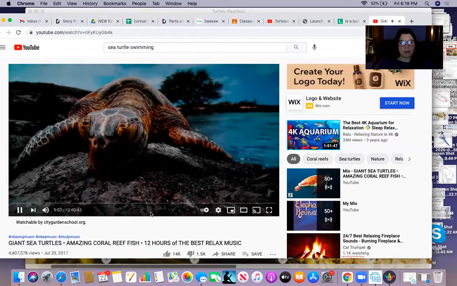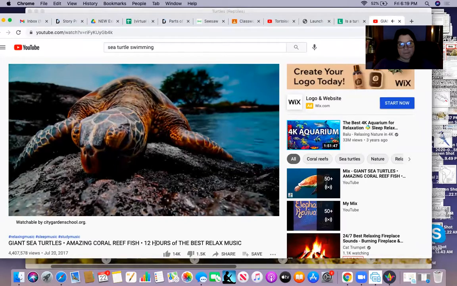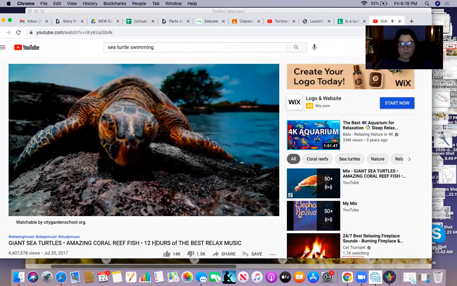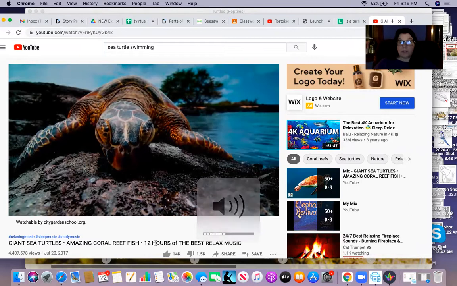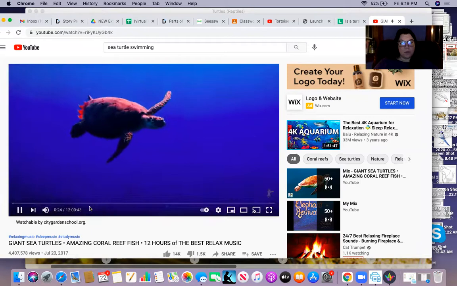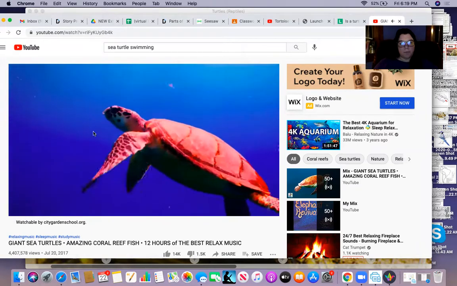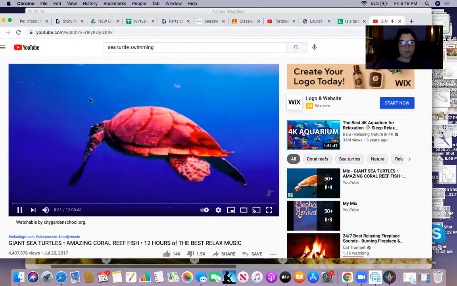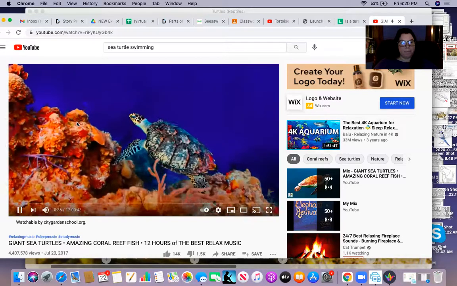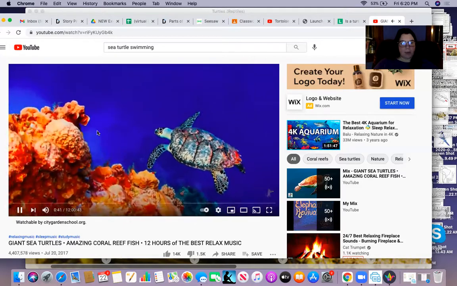So here's a sea turtle. You notice too that sea turtles are usually more colorful than land turtles a lot of times. Gracefully swimming. You notice how their legs look different. These look more like flippers, right? Easier for gliding in the water.